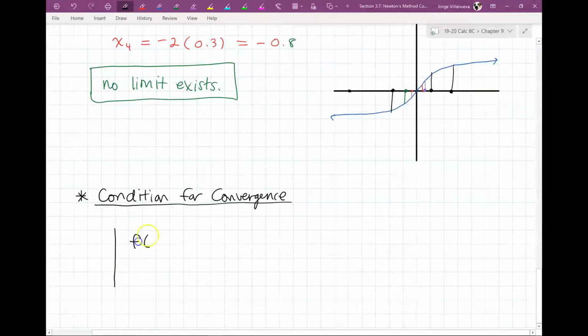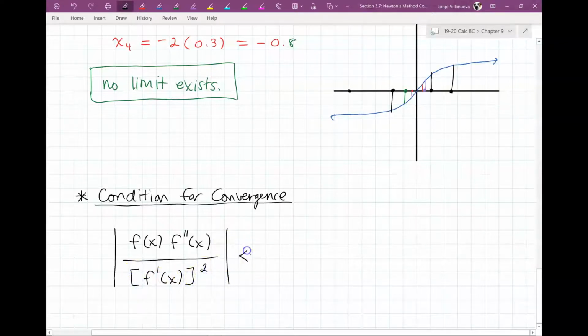You use f of x times f double prime of x, divided by f prime of x squared. And that has to be less than 1 on an open interval containing the zero. I'll show you an example of how we do this. Okay?